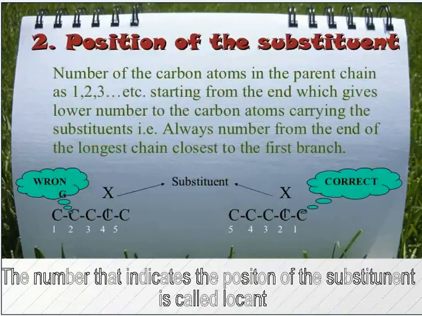Number 2. Position of the substituent. Number the carbon atoms in the parent chain as 1, 2, 3, and so on, starting from the end which gives the lower number to the carbon atom carrying the substituent. Always number from the end of the longest chain closest to the first branch.